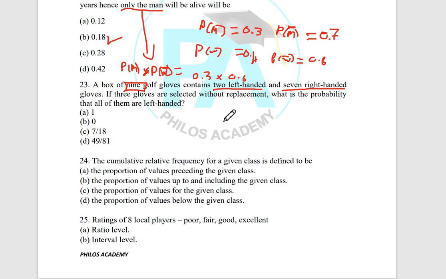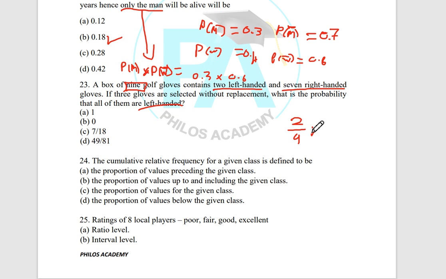To do this, if they say without replacement, what's the probability of selecting the first left hand, because the question says we should find for left-handed? It should be 2 over the total, which is 9. There are 2 left-handed there. Now, without replacement, you've not replaced it, so you are left with only 1 left hand over there.